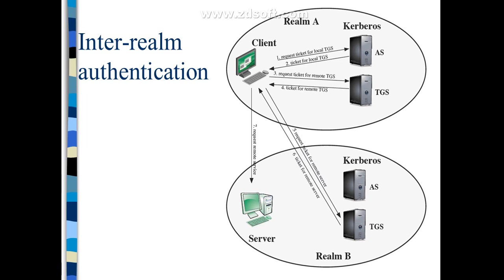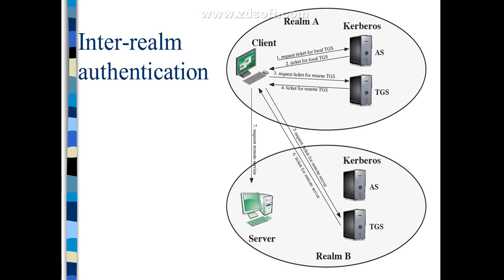Now with the help of that remote TGS, the client can communicate with the other realm, which you can see in the 5th communication, a request ticket for the remote server. Whichever ticket it got from the TGS in realm A, with the help of that, the client is now able to communicate with realm B, with realm B's TGS.